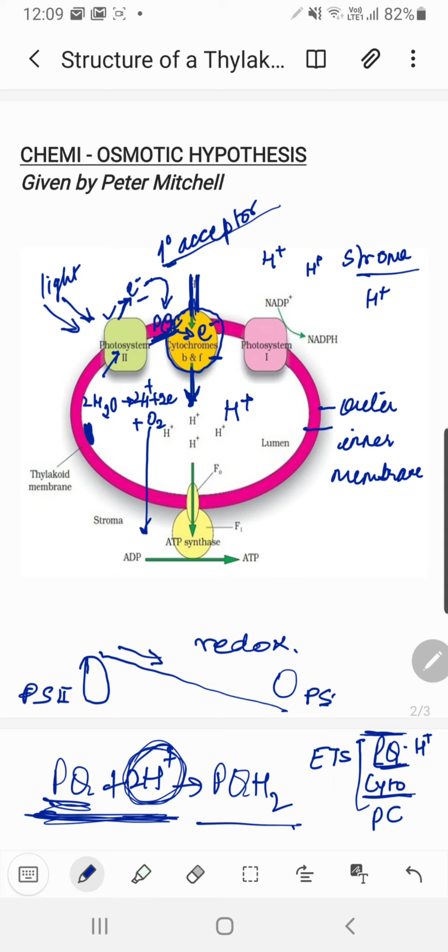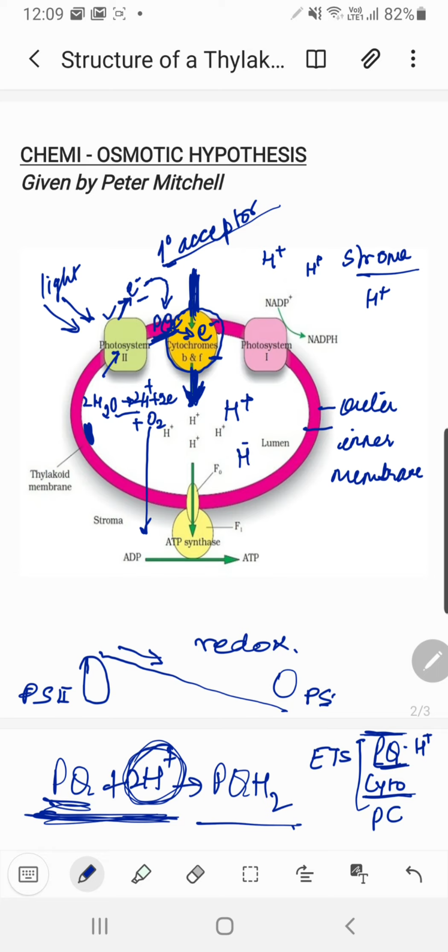So now children, you have to see that hydrogen is actually accumulating inside this lumen of the thylakoid from two different sources. One which is pumped from the stroma into the lumen by cytochrome, and the second one during the photolysis of water, and ultimately what is happening?